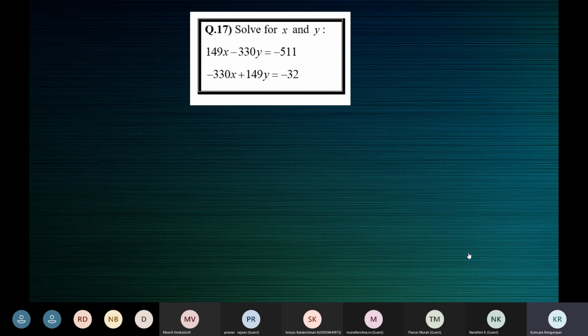Yeah, I got the photo from Nida. Yes, Meera has completed her working. She's got the values of X and Y. Good, Meera. We'll just wait for the others to finish. Thank you, ma'am.